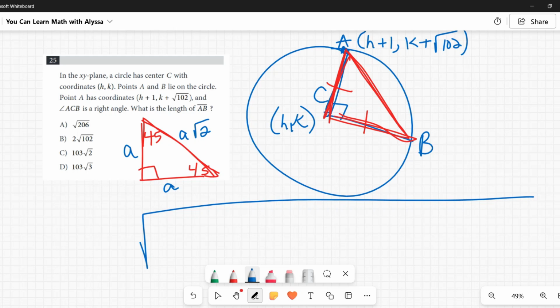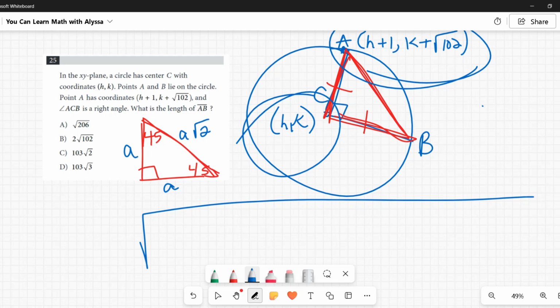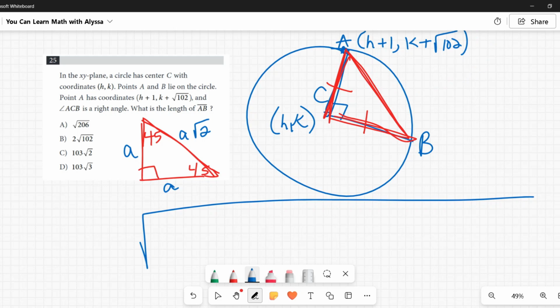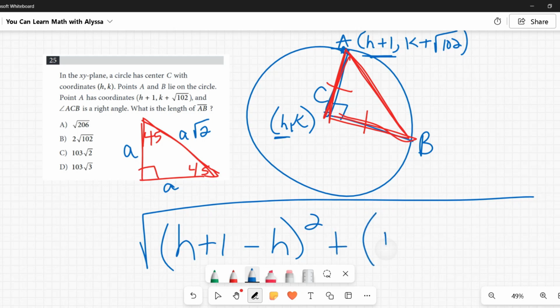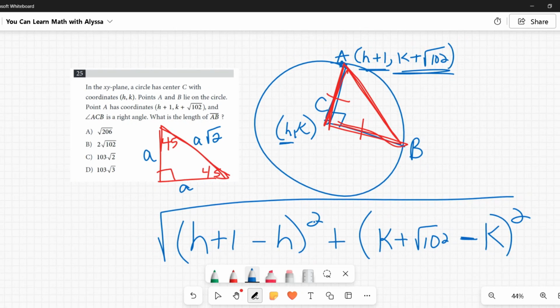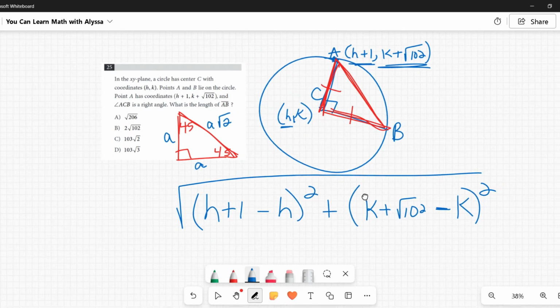First, I'm going to take the coordinates for point A and subtract the coordinates for point C. So (h plus 1 minus h) squared, the x coordinate for A minus the x coordinate for C, plus (k plus square root of 102 minus k) squared, the y coordinate for A minus the y coordinate for C. It looks messy at first, but those h's and k's are going to disappear.